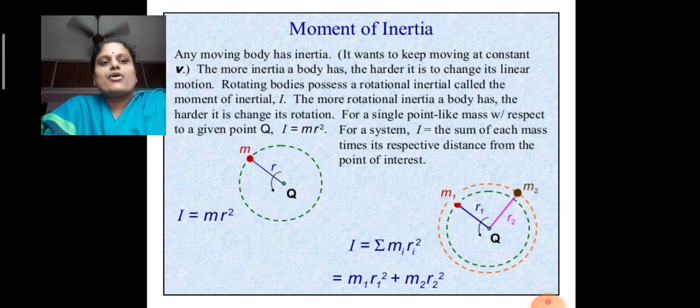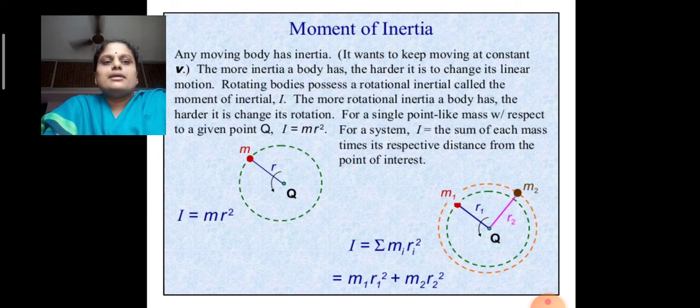For a single point mass m at a distance of r from the axis of rotation, moment of inertia I is defined as mr², where m is the mass of the object and r is its distance from the axis of rotation.